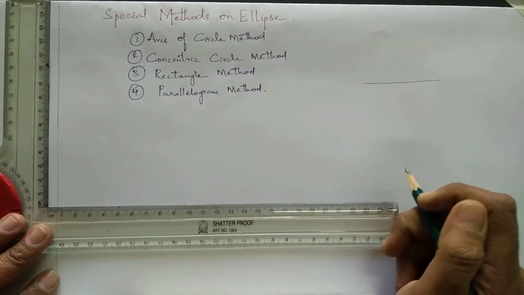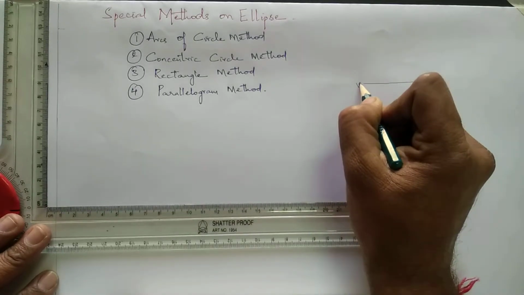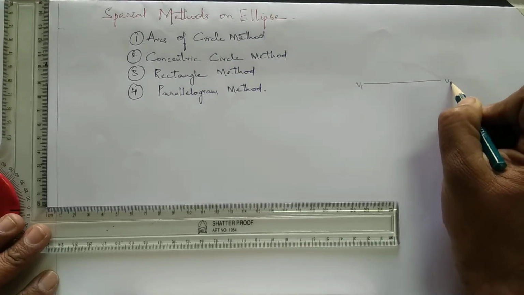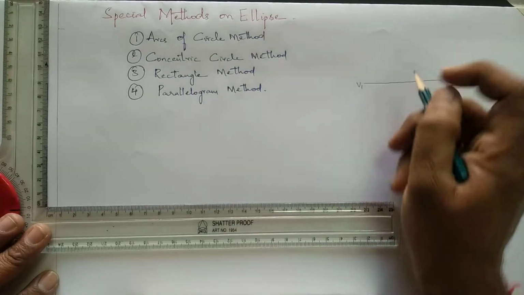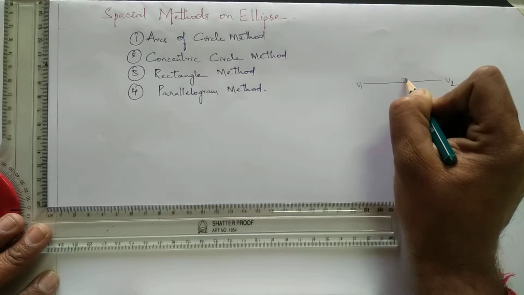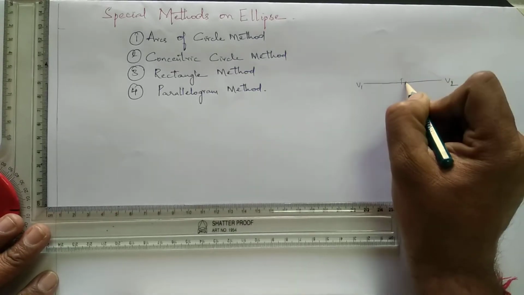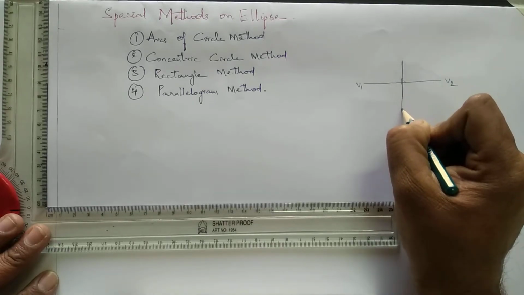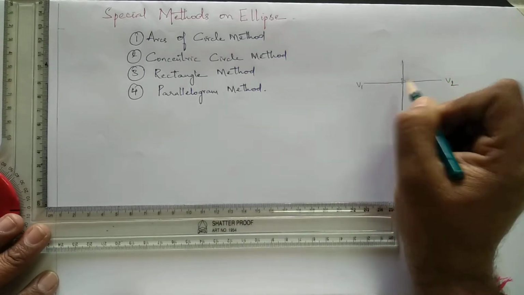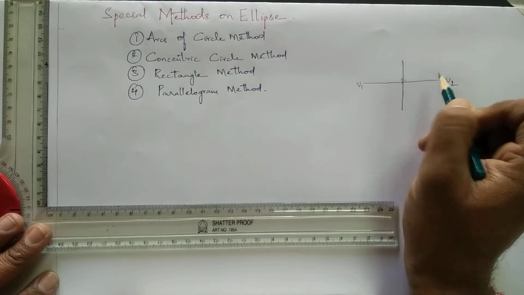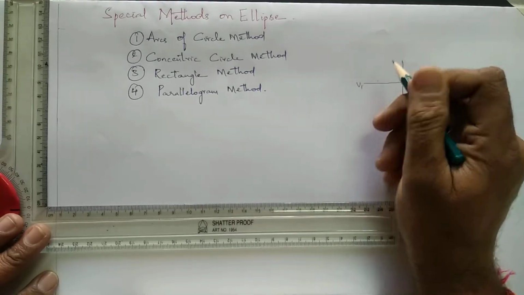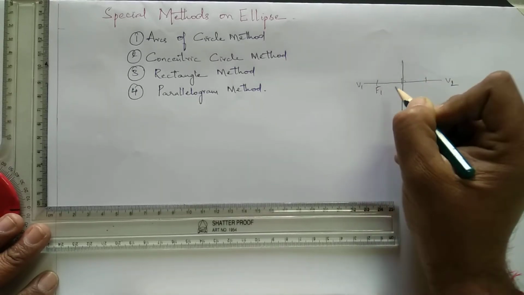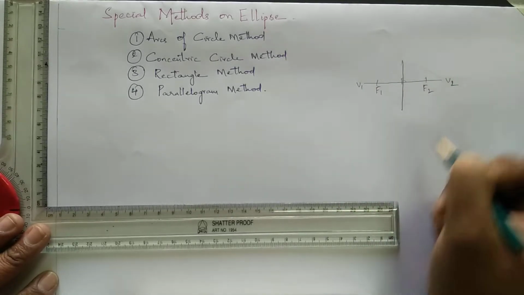This is one of my lines, which I term as the major axis line, with the vertex points at its ends. To this, a central point will be located. Over here, I draw one more line, which we say is the minor axis. At both ends of this major axis line, we locate the points which we generally call focus points F1 and F2.